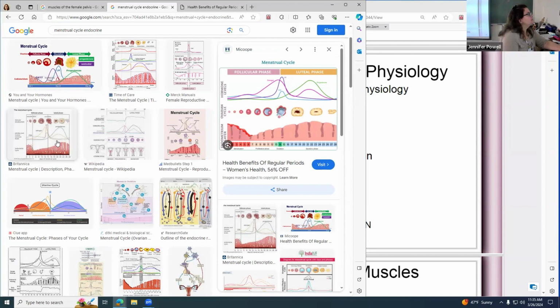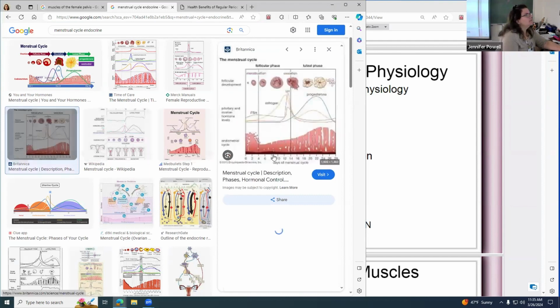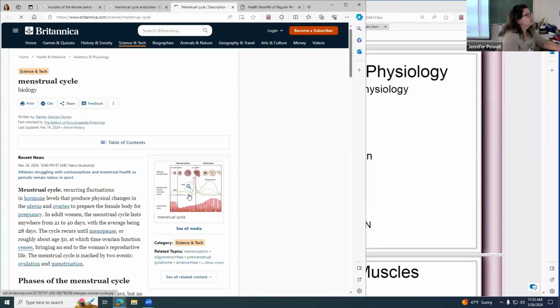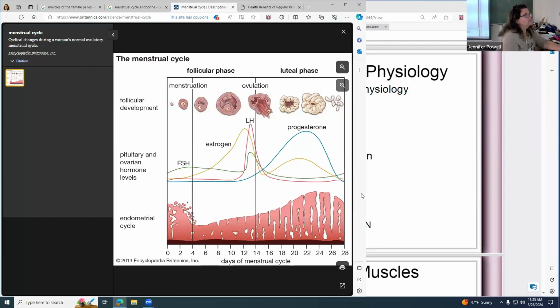There's the hormones that are being released from the pituitary. Okay, that's better. So you have the pituitary and the ovarian hormone levels fluctuating.